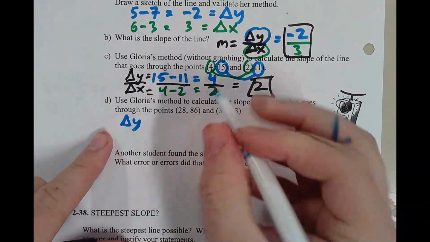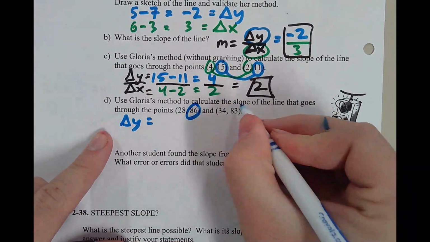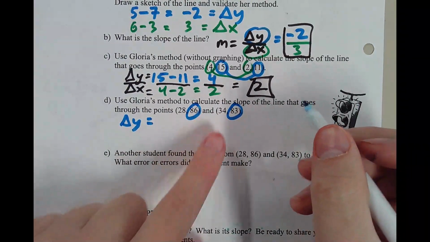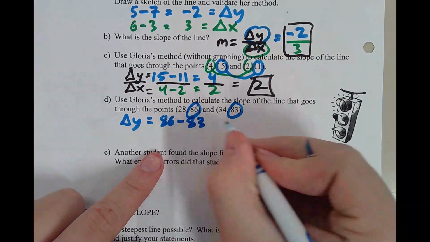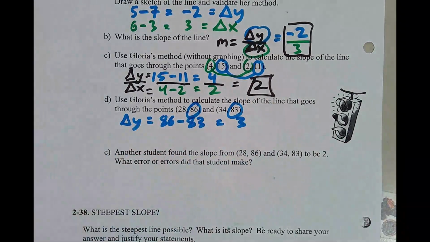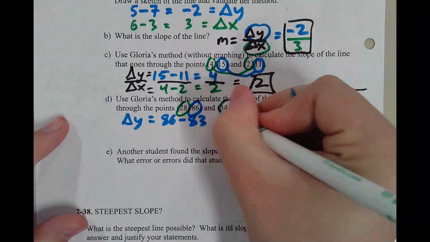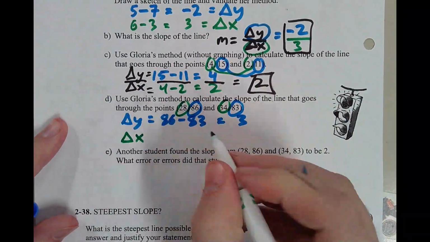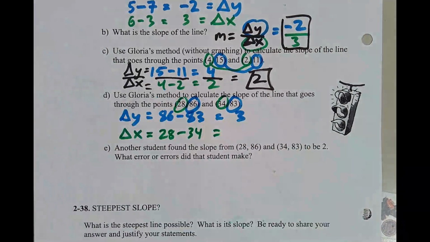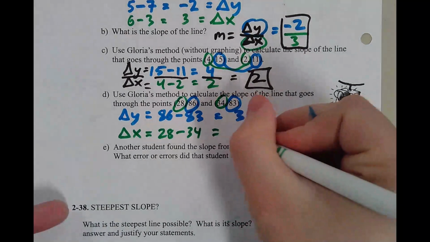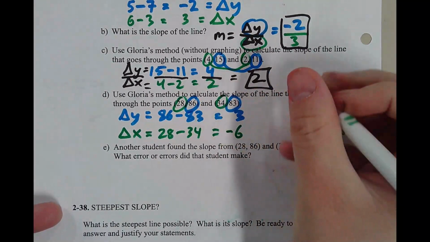Change in y. How does y change? 86 minus 83 is 3. And what's 28 minus 34? This one's weird. I think this one's a negative number. 28 minus 34 would be negative 6.